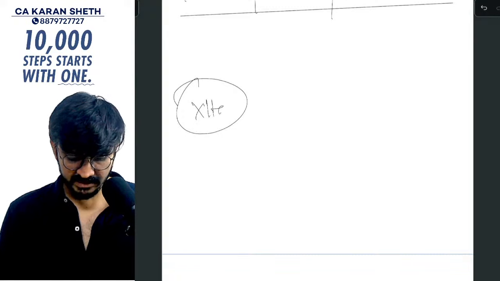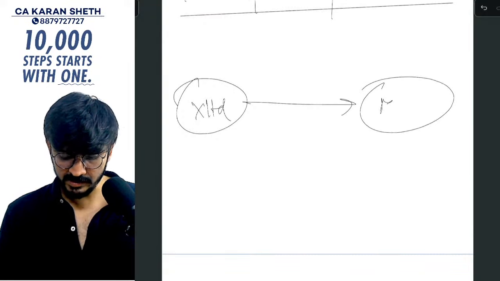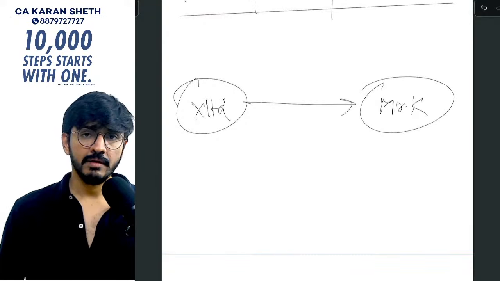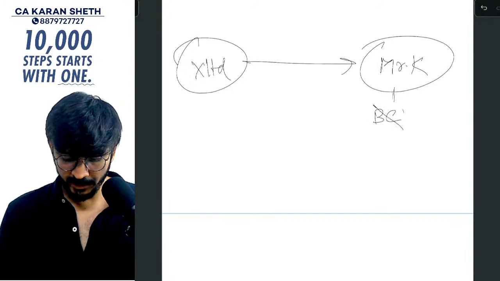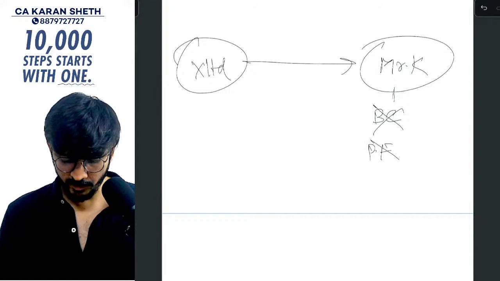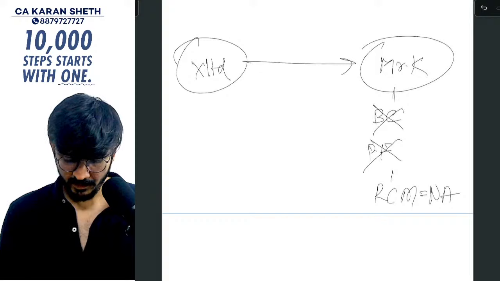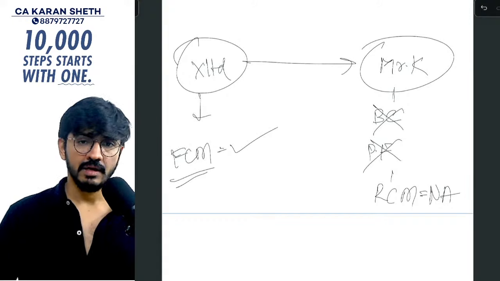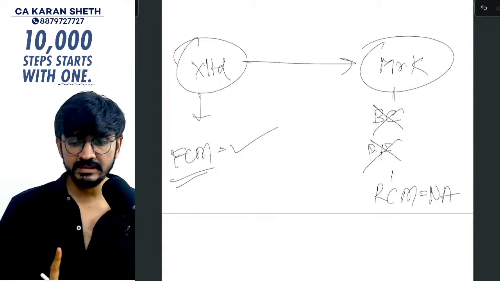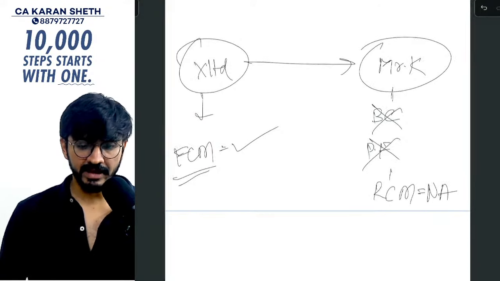The supplier would have been X and the recipient would have been Mr. Karan. And since the recipient is neither a body corporate nor a partnership firm, RCM shall not apply and FCM shall apply. Is that very clear, my dear friends?